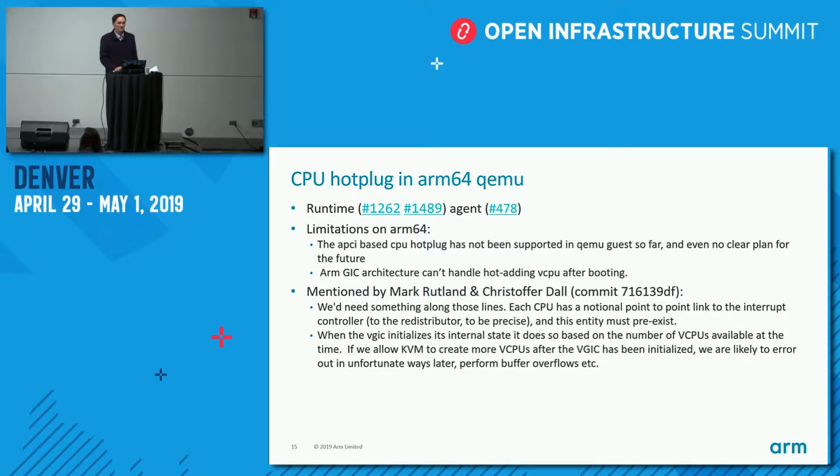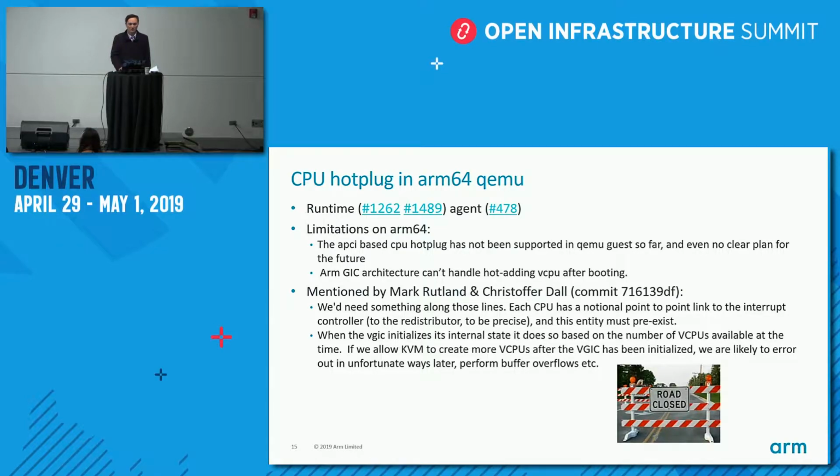Here are some comments from Mark and Christopher. The conclusion of their comments is that the vCPU number should be available before the vGIC is initialized. So the best way might be closed.